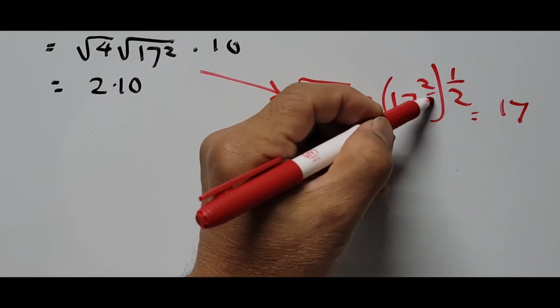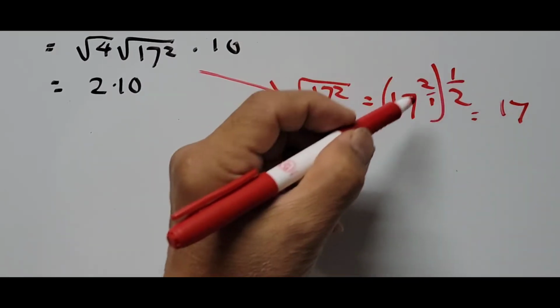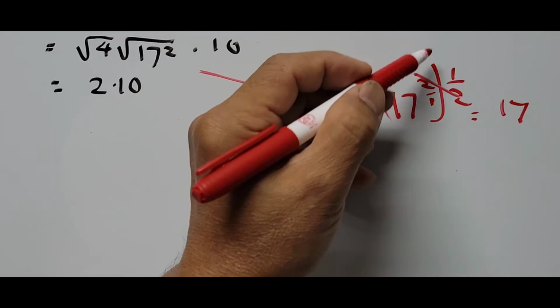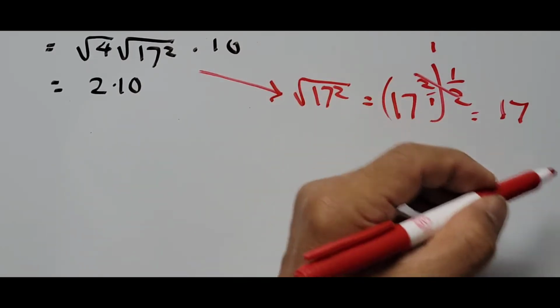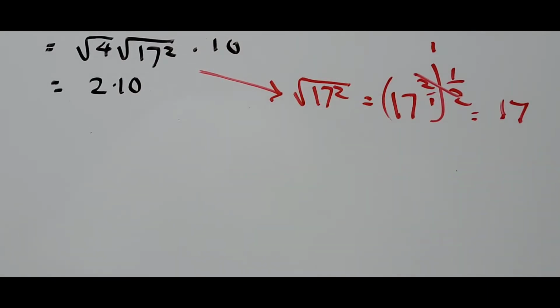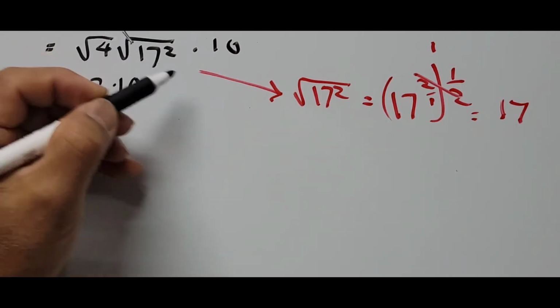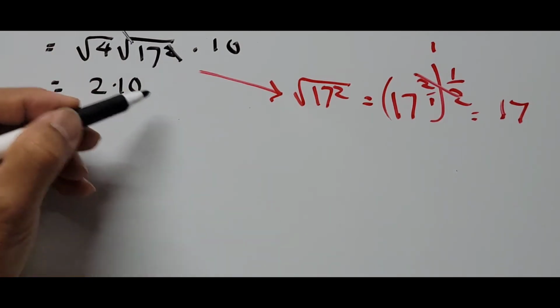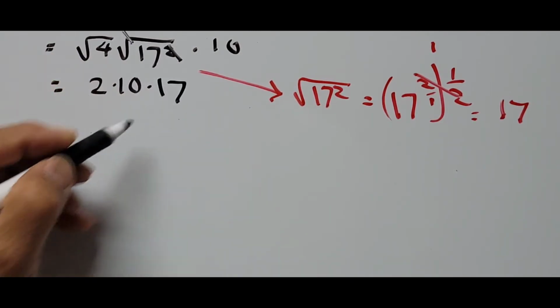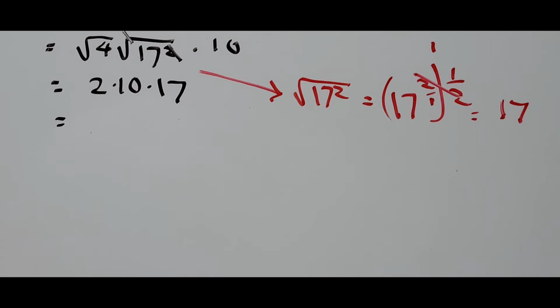That cancels, that becomes 1, so it'll be 17. So this will come out to 17, canceling the radical and canceling the 2 right there. So what we have to do is just multiply all these numbers.